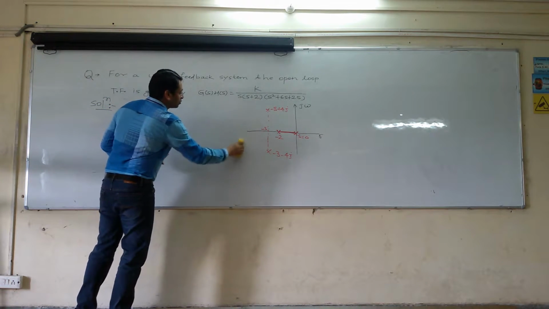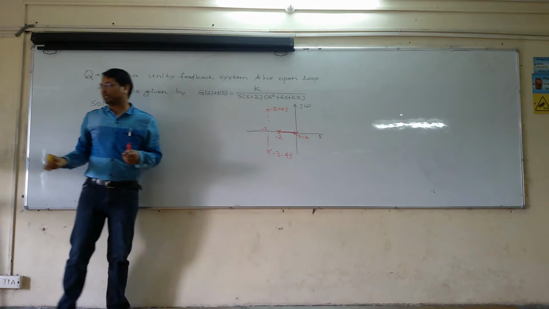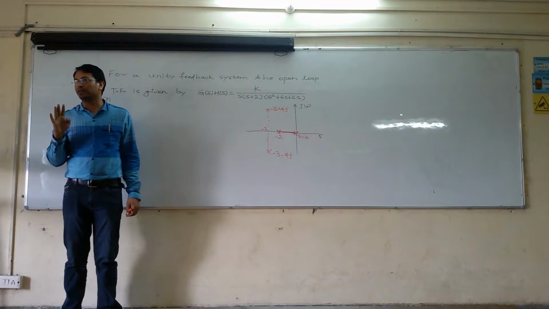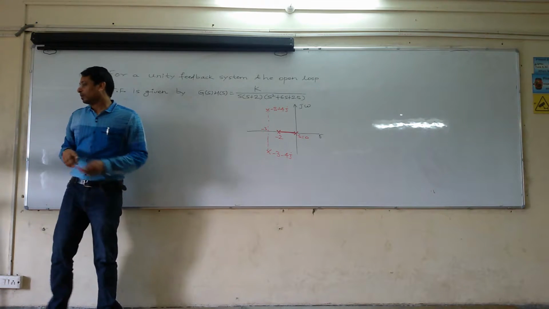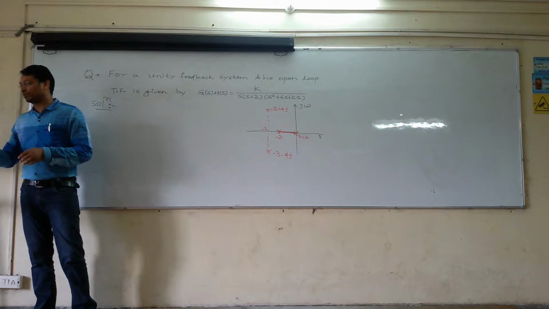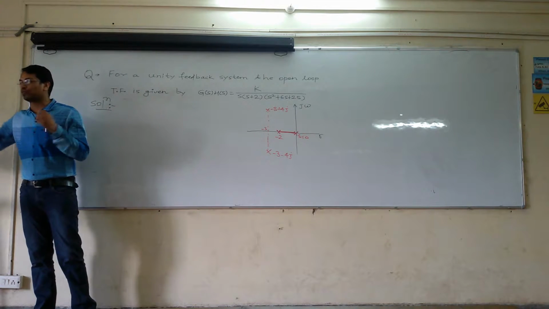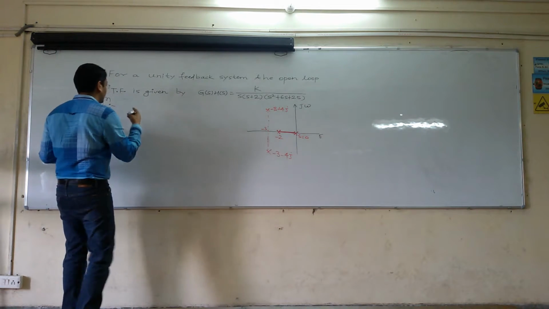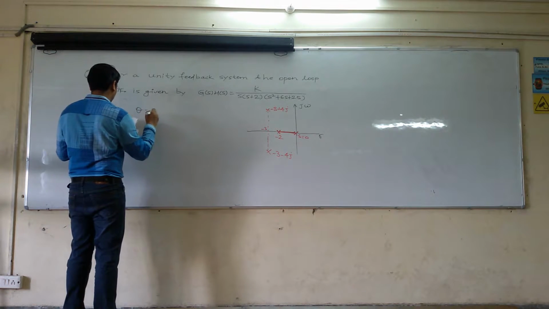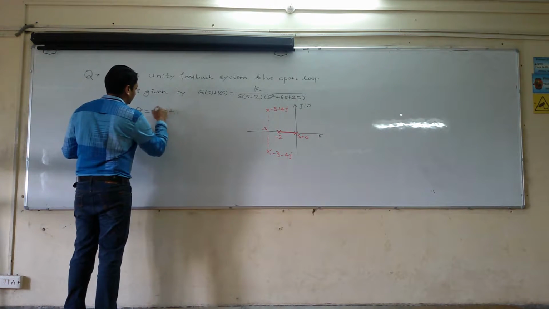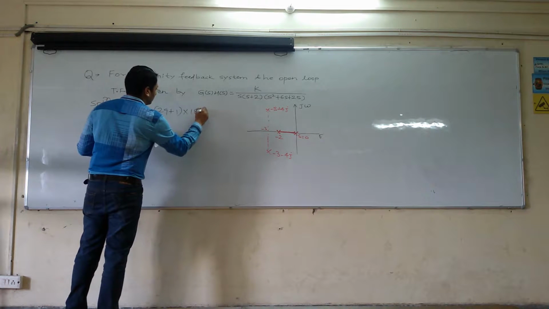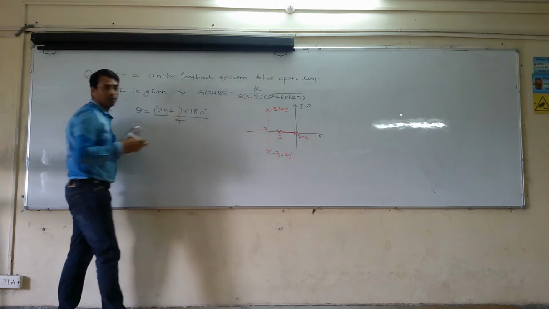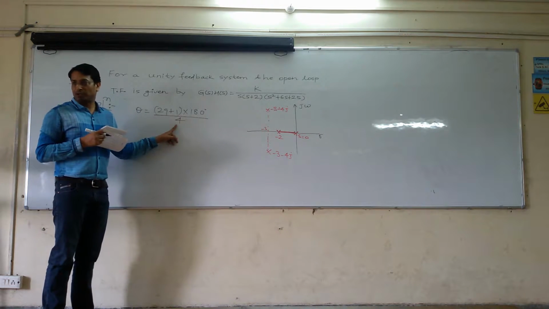Next step is to find the angle of asymptotes, because there are 4 branches of the root locus. So how many asymptotes will be there? 4 asymptotes will be there. So angle of asymptotes, theta is equal to (2q plus 1) multiplied by 180 degree divided by p minus z, which is equal to 4 for this particular case.